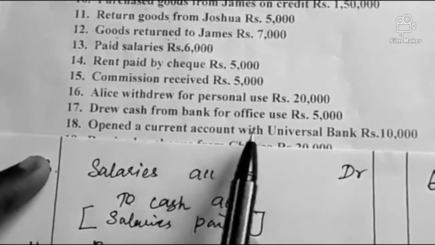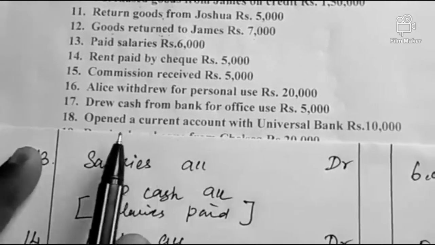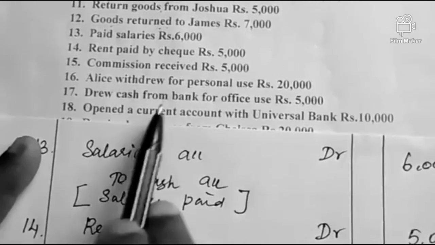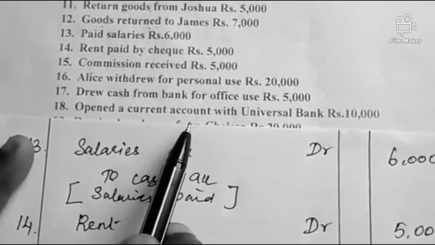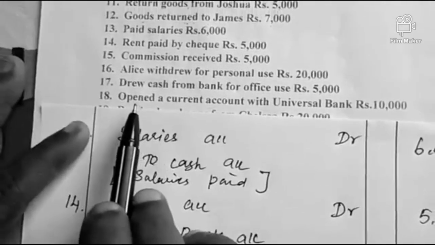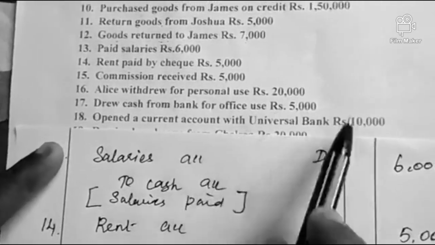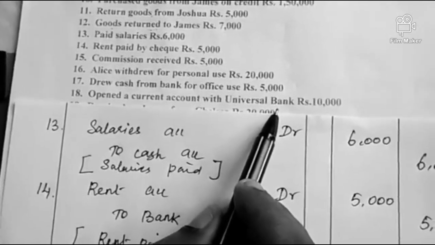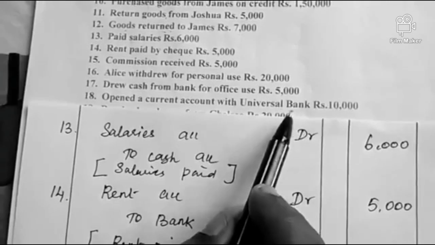Open a current account with Universal Bank. See, when you open any account, generally a current account is applicable to any business. A business can open only a current account for day-to-day transactions. So open a current account with the Universal Bank. When you open an account, what goes out? Cash goes out. Who is the receiver?